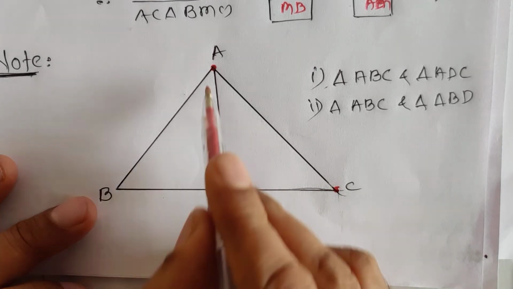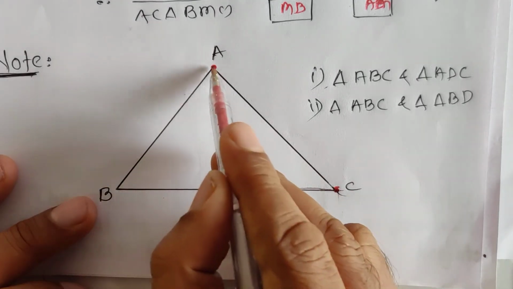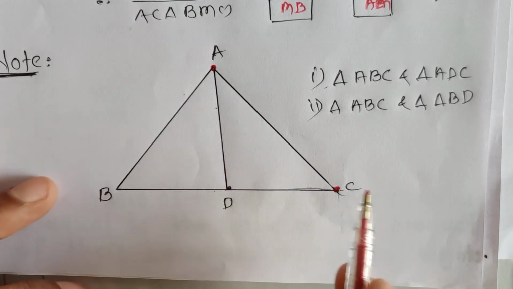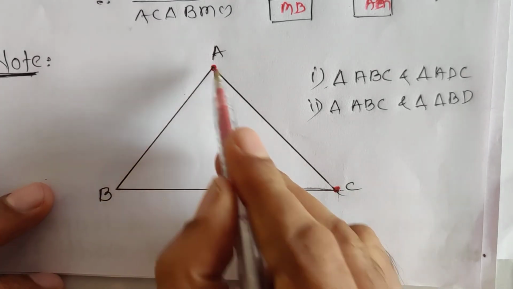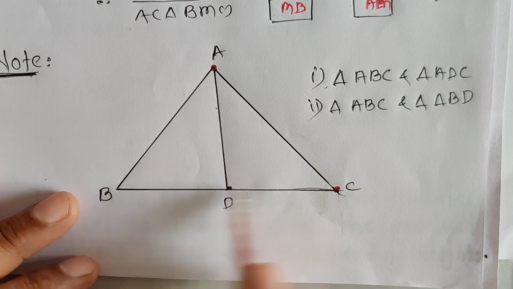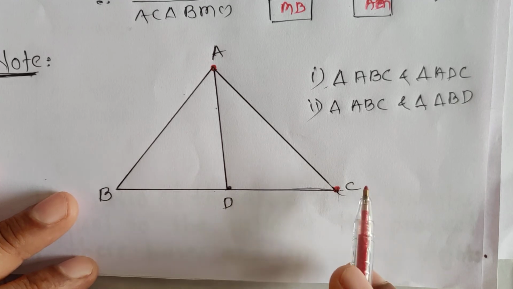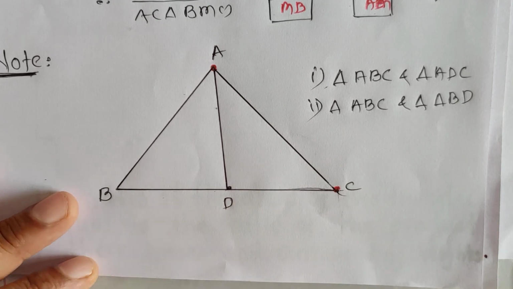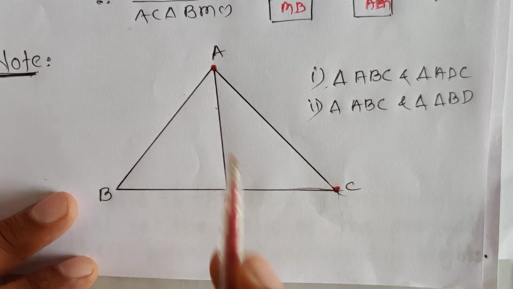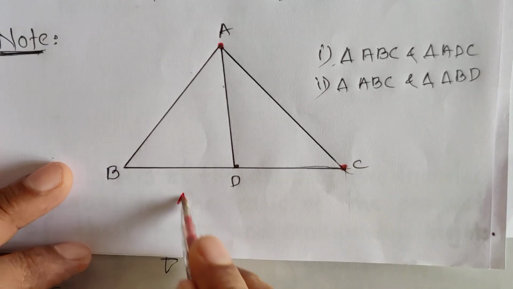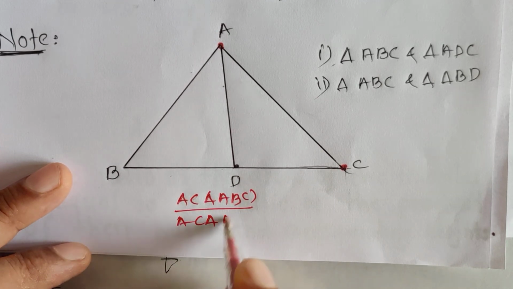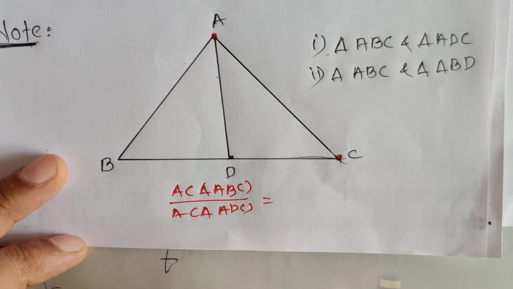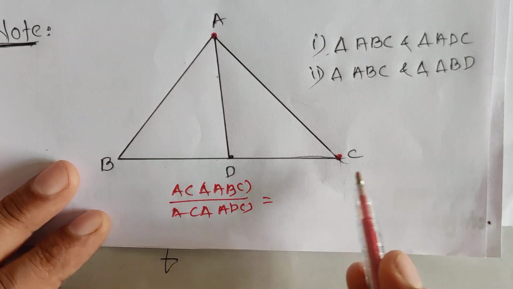So if two triangles have two common vertices, and the sides opposite to one of the common vertices are in a straight line, here BD and BC are in a straight line, then we can say these are triangles of equal height, and the ratio of their areas, area of triangle ABC upon area of triangle ADC, is equal to the sides which are in a straight line, which are the bases.